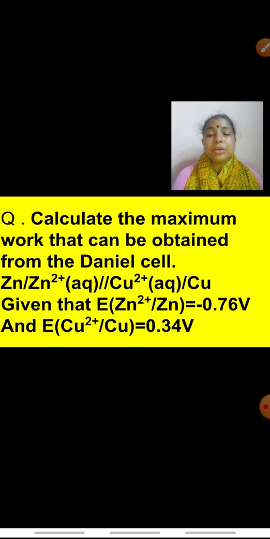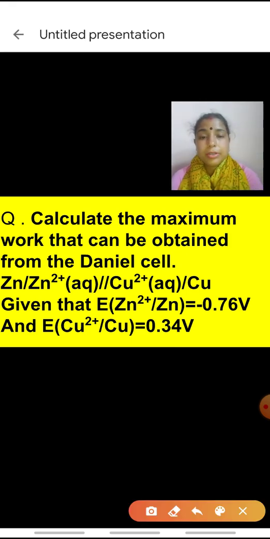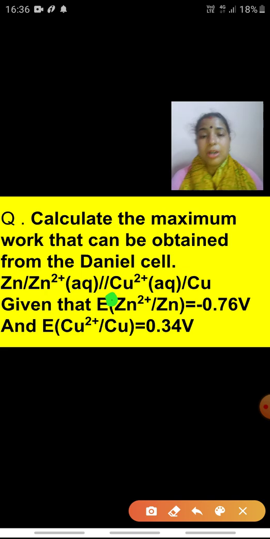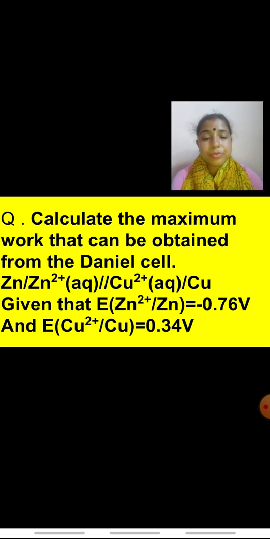The value of E naught for Zn2 positive slash Zn, the electrode potential of the zinc electrode, is given to you, and the electrode potential of the copper electrode is also given to you. It is equal to 0.34 volts. Children, use the formula and calculate. I hope you'll be able to do this. You already know which formula is to be used.